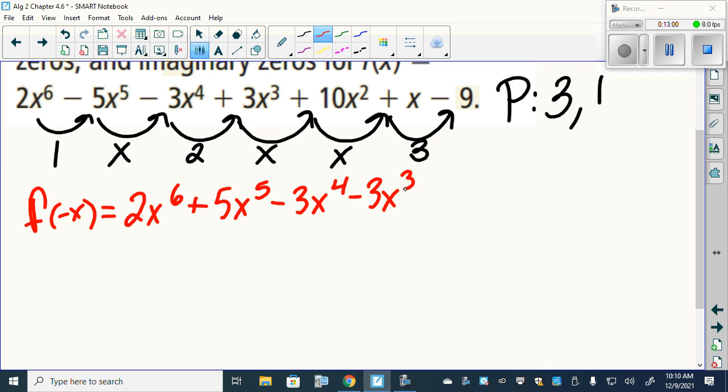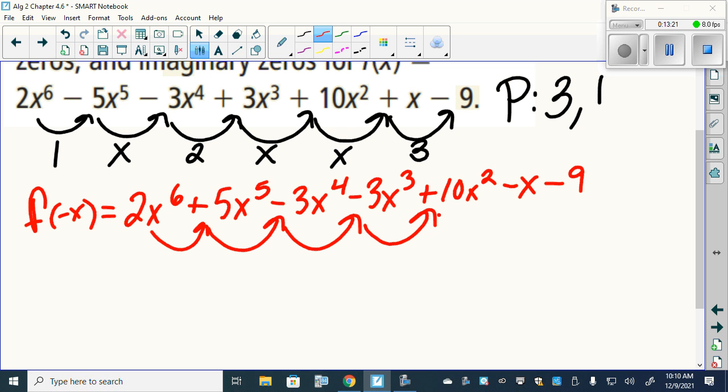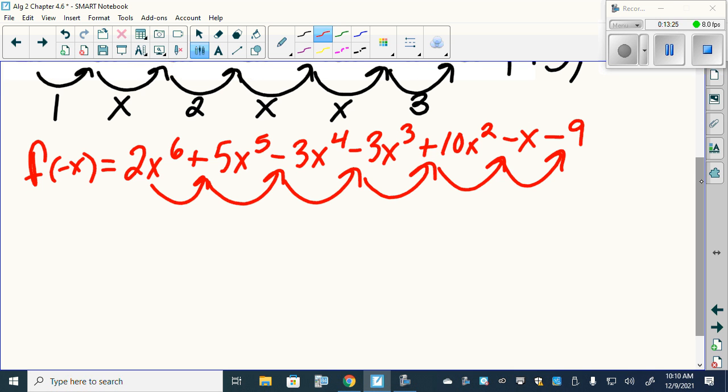Our 10x squared, since the power is even, will stay the same as plus 10x squared. Plus x is going to become minus x, and the 9, the constant term, we won't do anything with it because it does not have a variable attached to it. Because we could put the x in parentheses with the negative and then apply the power, or we can just go on and apply the power.